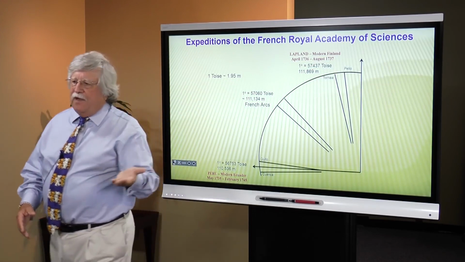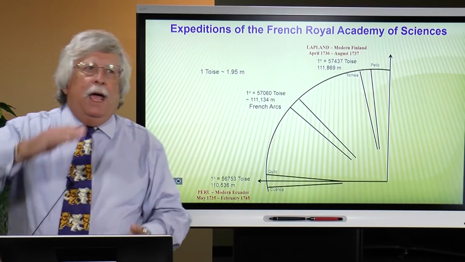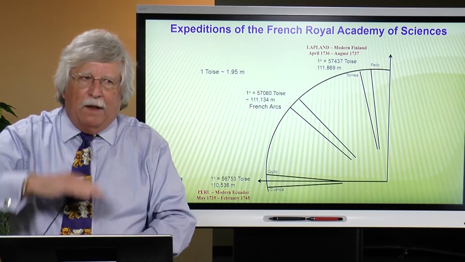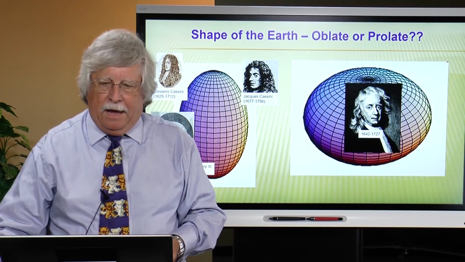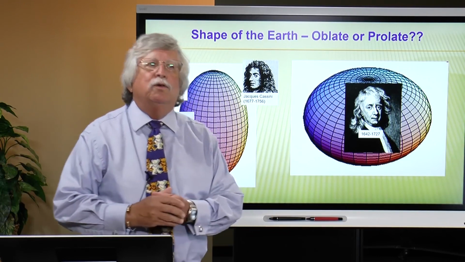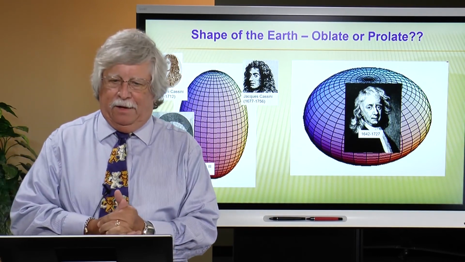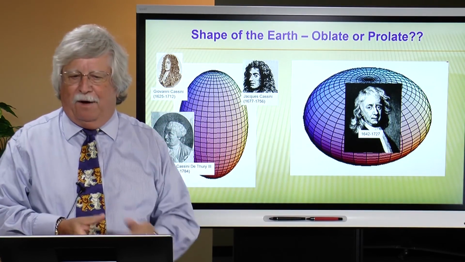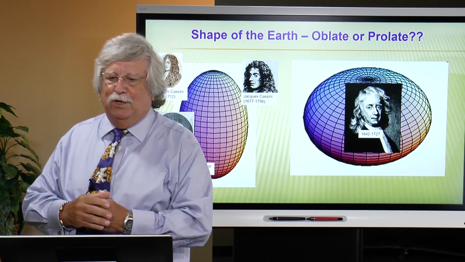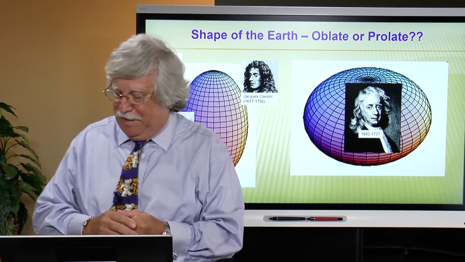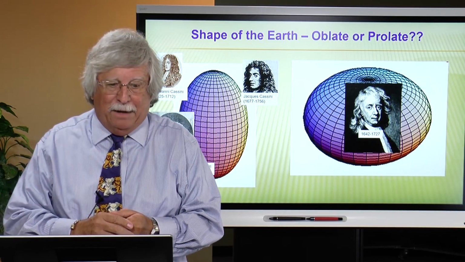So that means that, in fact, the Earth is an oblated ellipse. It's flattened at the poles and elongated at the equator, and hence Newton wins the argument, if you will. An interesting comment from Voltaire that Maupertuis went to the ends of the Earth to find what Newton discovered from his desk. I always found that to be an interesting comment.